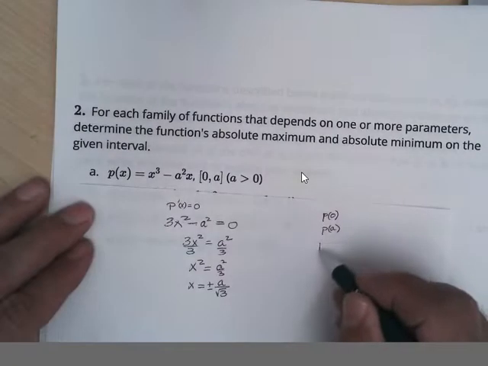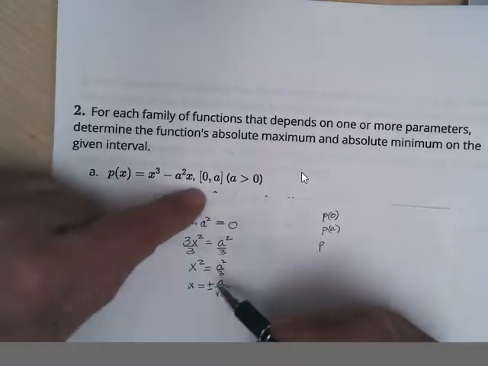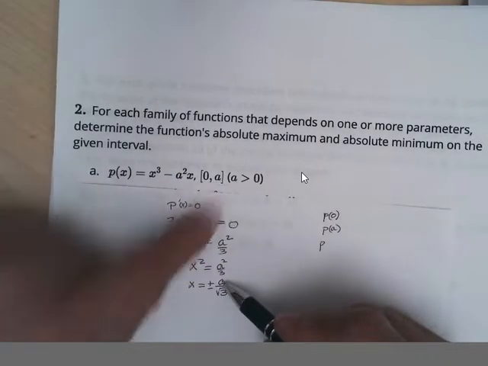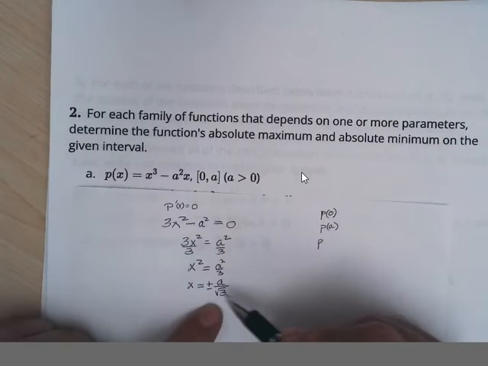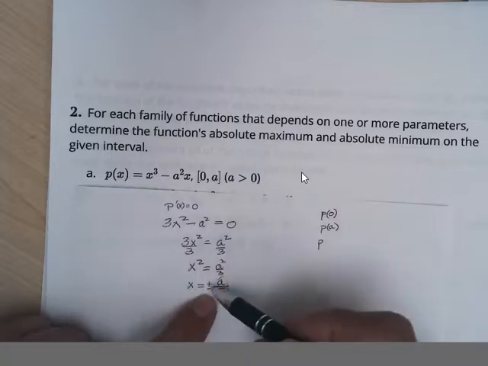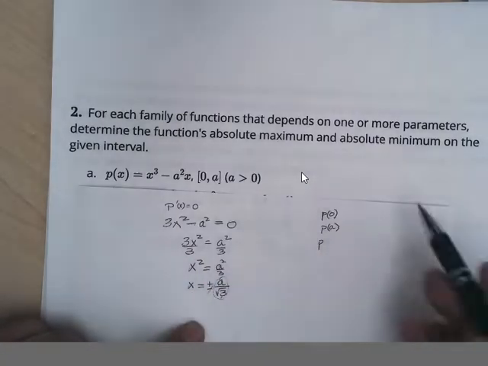So we've got to find P, and we have to be in this interval. And a is positive, so a over the square root of 3 is positive. And from 0 to a has to be positive numbers, so the negative one we don't have to do.